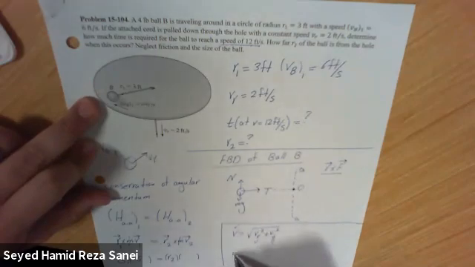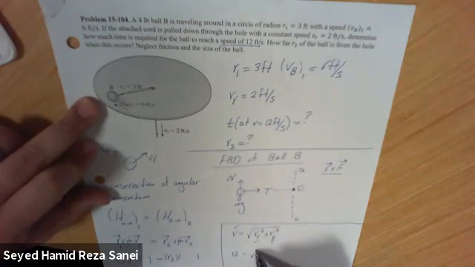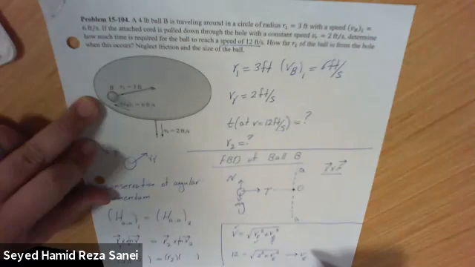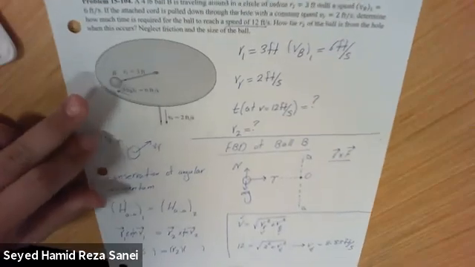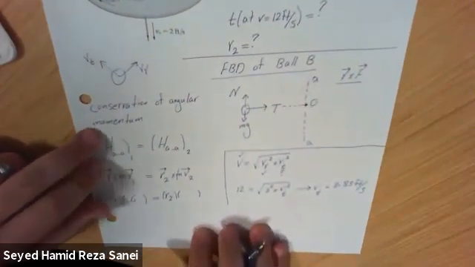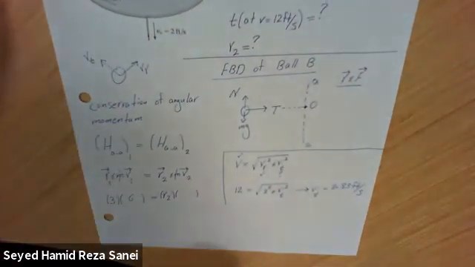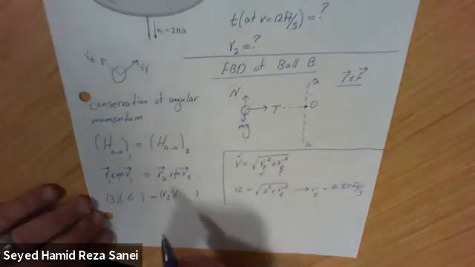Here V is 12, VR is 2, and we just need to find VT. So the tangential component of velocity would be 11.83 feet per second, and that's the component that we are going to use in our equation here.